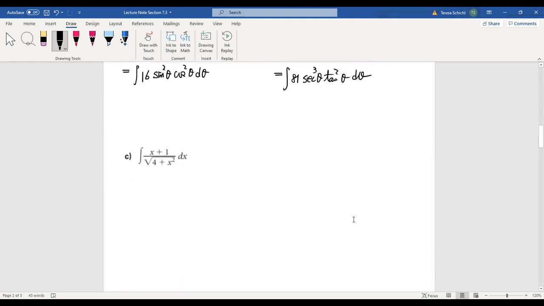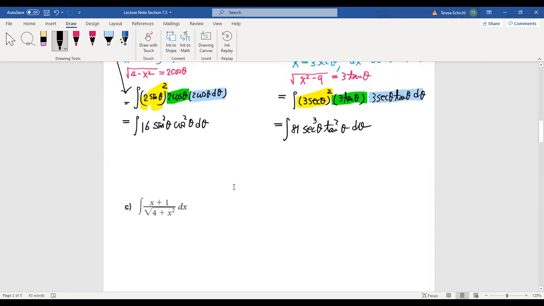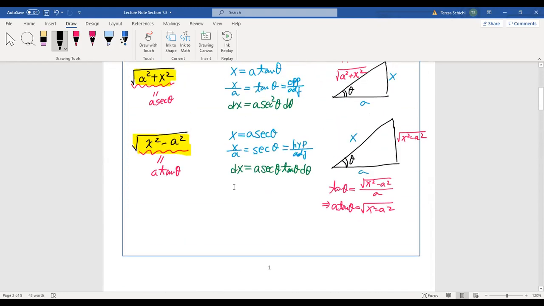Okay, so now the last one is here. This is x plus 1 over the square root of 4 plus x squared. The 4 plus x squared is on the denominator, right? So let's take a look at a squared plus x squared.